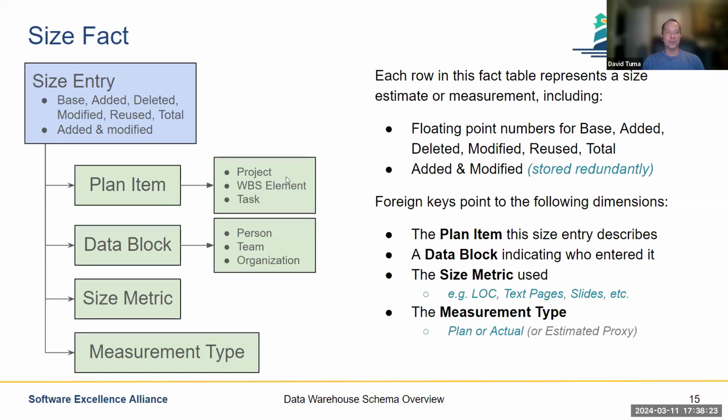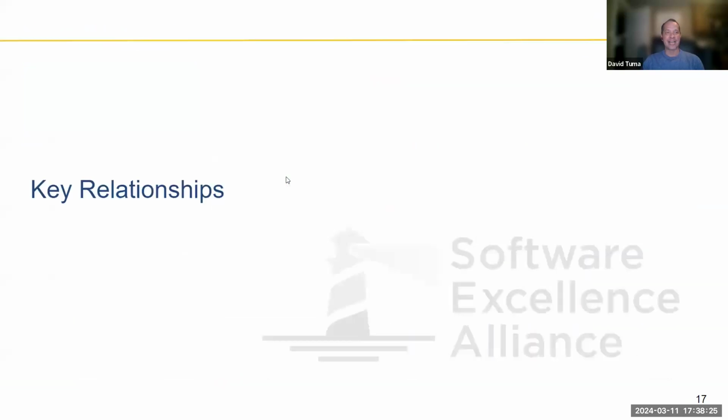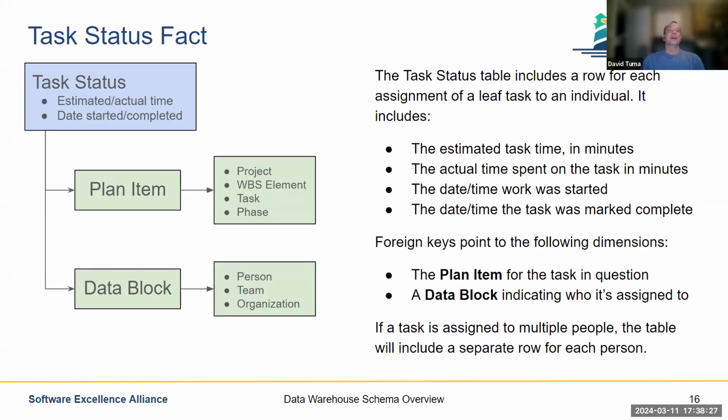The next fact table that I want to talk about is called task status. This is one that I use a lot in my own analyses. It includes one row for each assignment of a leaf task to an individual. So it's almost like the assignment of a task to a person, and it's pulling together several important concepts.